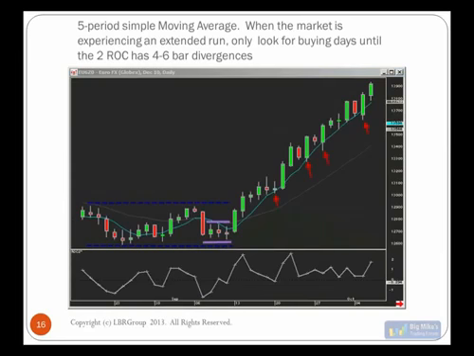Now this is what happens when you have an extended run, and I'm really excited to show you the modeling on this. 1, 2, 3, 4, 5, 6, 7. Here at this point we have 7 closes above that 5-period simple moving average, all right, which tells us that at that point it's statistically significant that there's a good chance of persistency of trend.